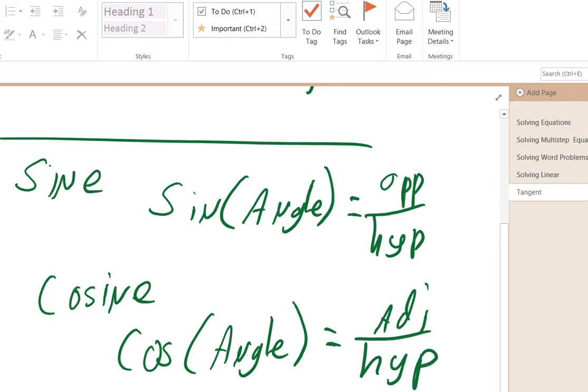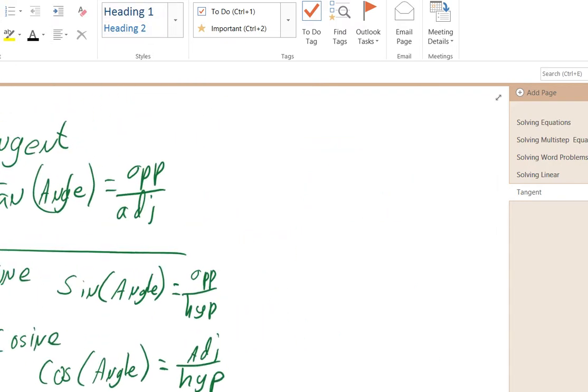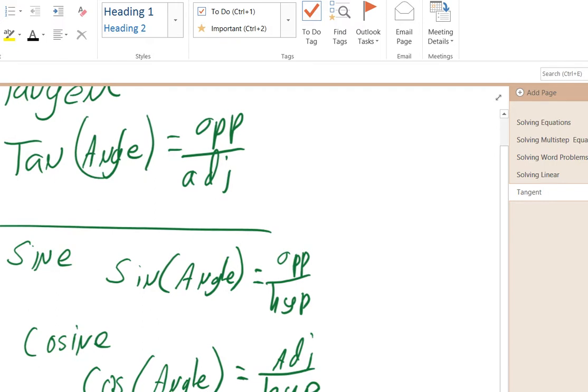Those are the three trigonometric ratios that you're going to need to be concerned about: tangent, sine, and cosine.